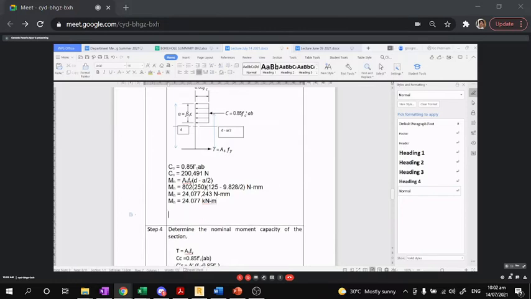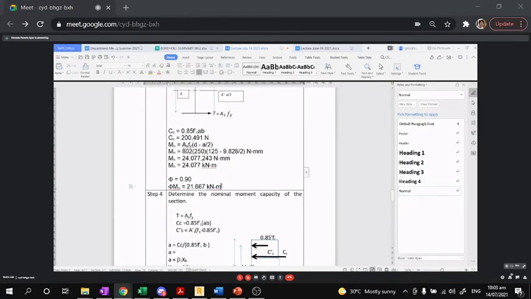Now, with phi equal to 0.9, we can have the PMN, the minimum PMN, equal to, multiplied, 21.667 kilonewton-meter.